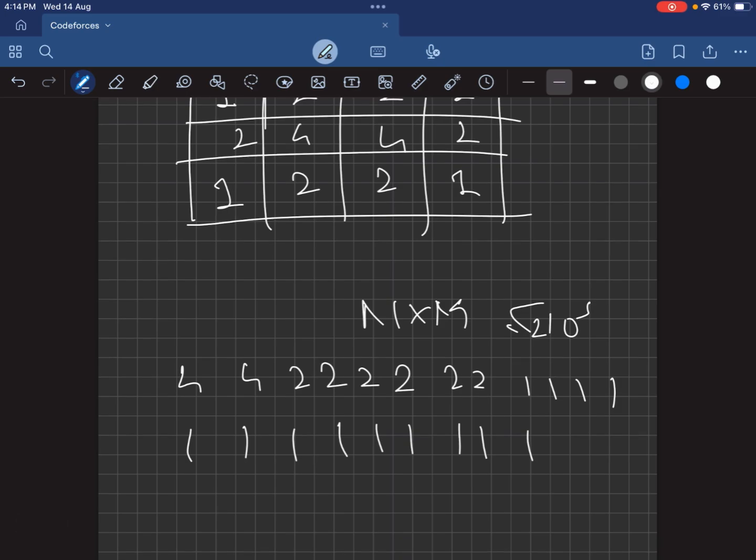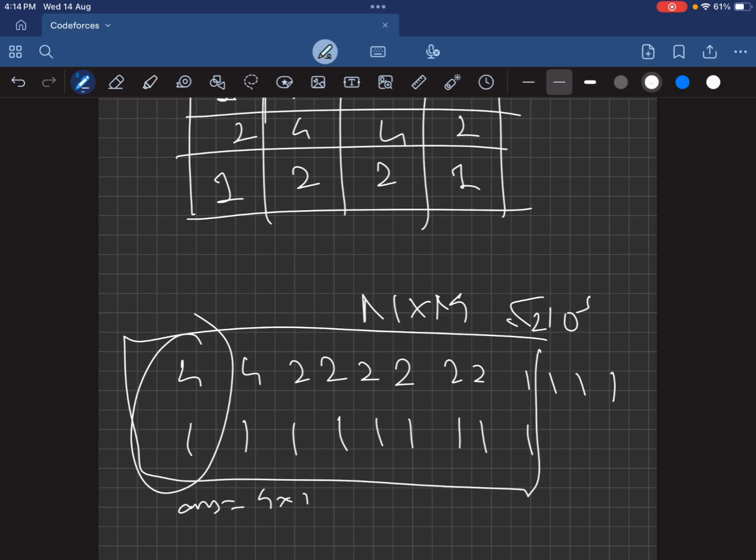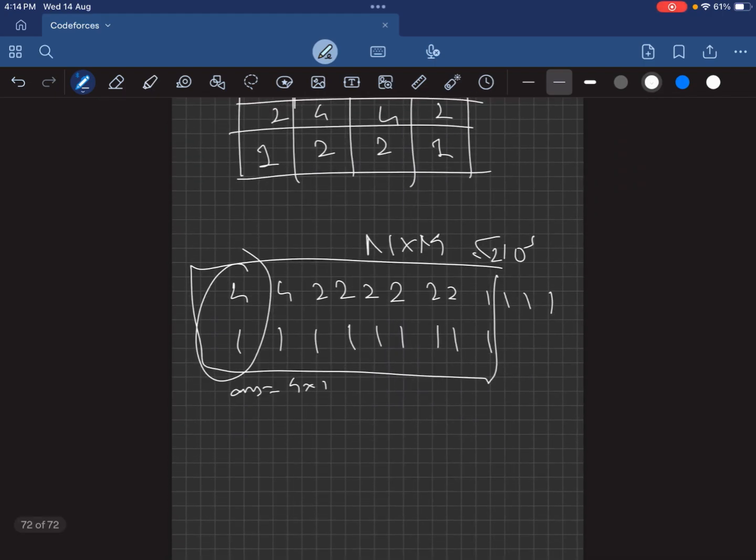We'll place the tallest gorilla in the cell which occurs in the maximum subgrids, and our answer will be the dot product of these two sorted vectors, up to the number of gorillas. So how do we go about doing it?